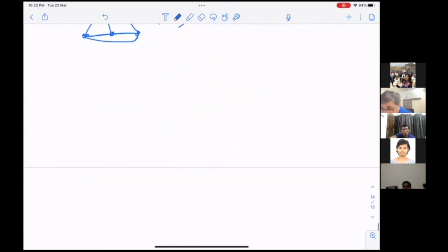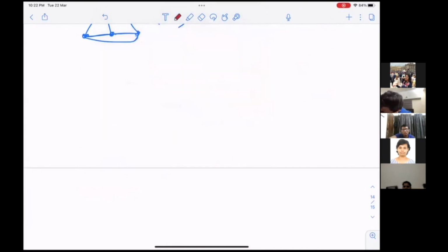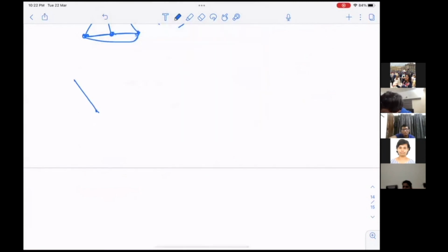But I wanted to draw something very similar, slightly different. In this situation also we can apply the degree 1 rule, no?